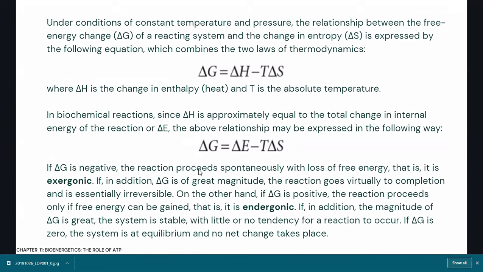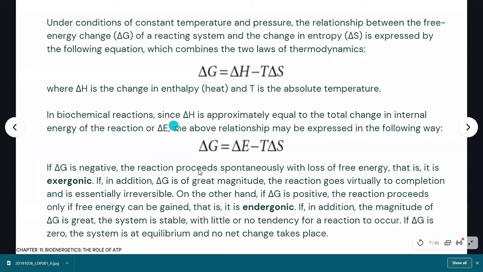How can you measure disorderliness? All right, so let's go to the next one. Delta H is the change in enthalpy, and T is absolute temperature.